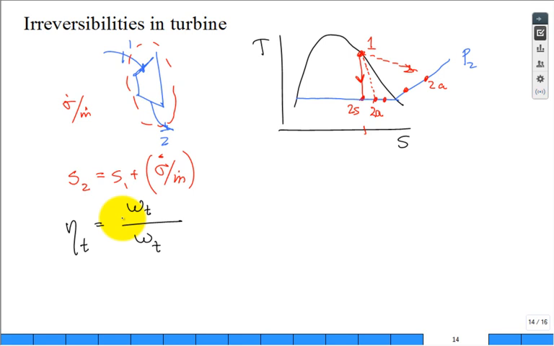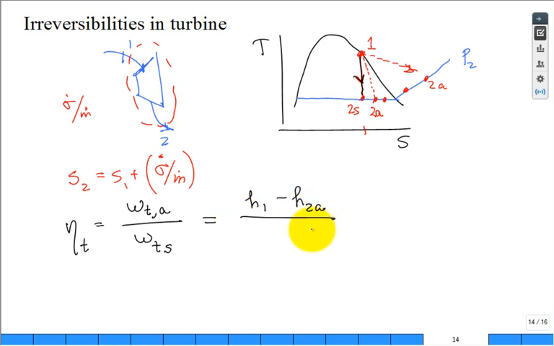So what do you think is going to produce more work out of the turbine, if it's frictionless and reversible, or if I have a bunch of friction and irreversibilities? So frictionless goes in the denominator, and the actual is in the numerator. And then from a first law analysis, the work that the turbine actually puts out is the inlet enthalpy minus the actual exit enthalpy.